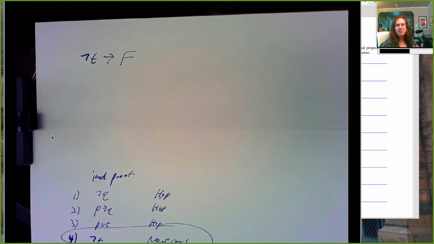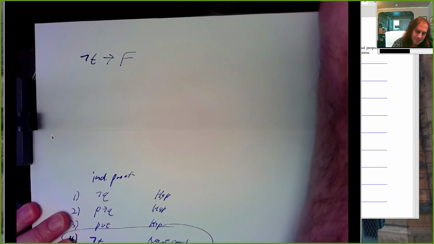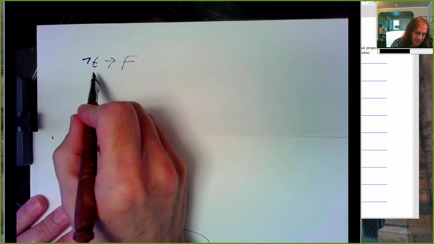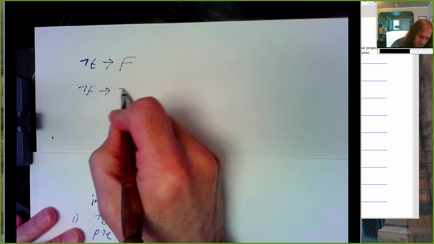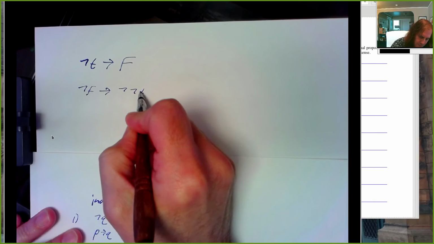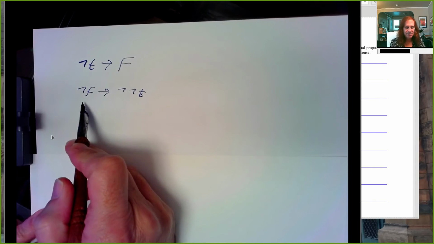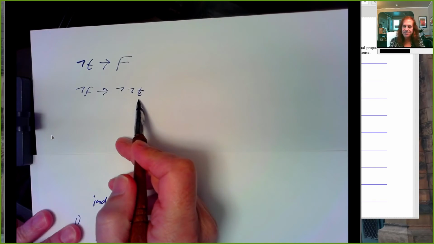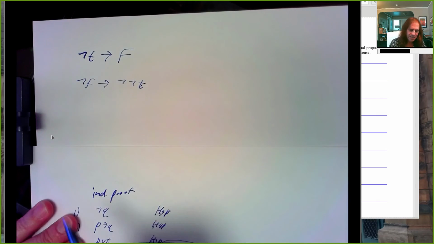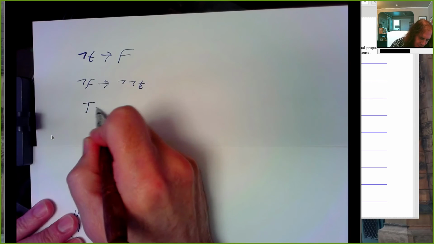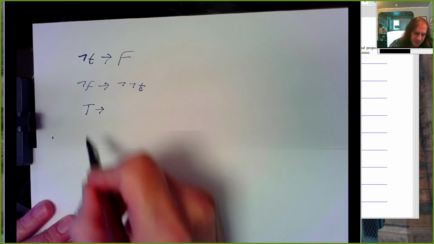We know that a statement is logically equivalent to its contrapositive. So if we have shown this, we have also shown the following. Negation of false implies the negation of T. Well, what's the negation of false? That's true. What's the negation of T?